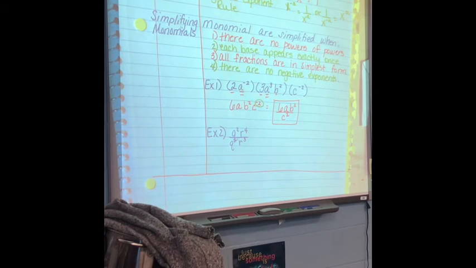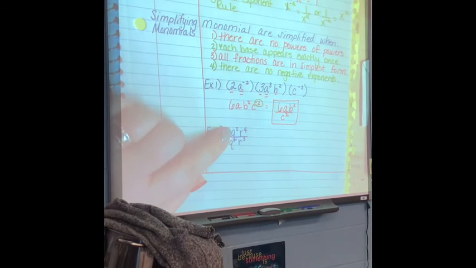This is what operation? Division, right? Does everybody see we've got division for each of the variables? So that means I'm going to do what with my exponents? Subtract them. So one thing I want to point out, I'm still going to do this the long way, but I want you to note something.